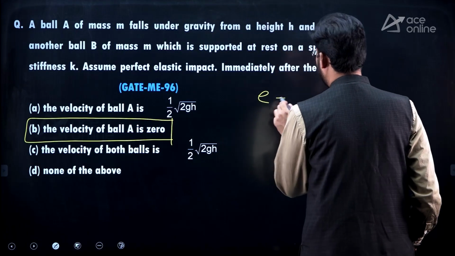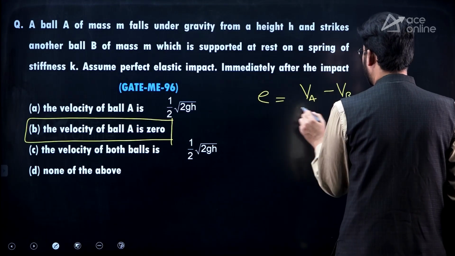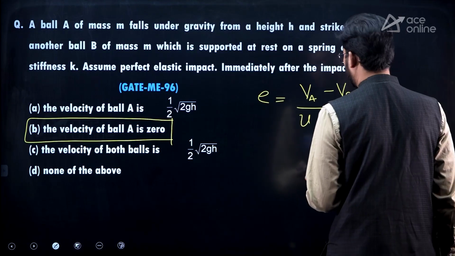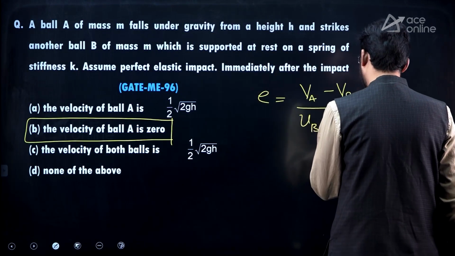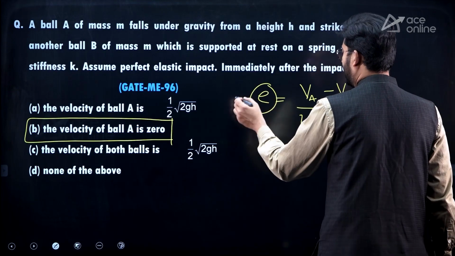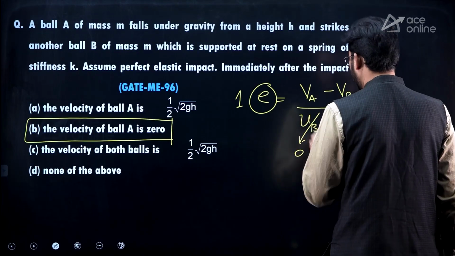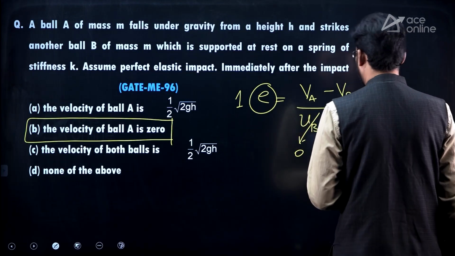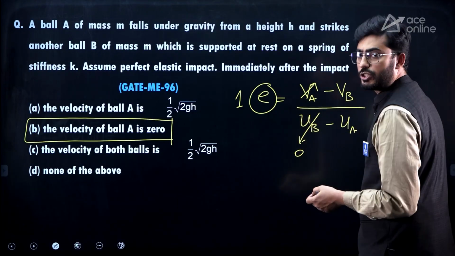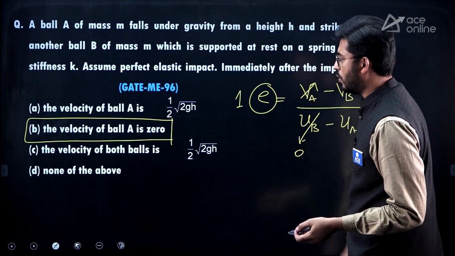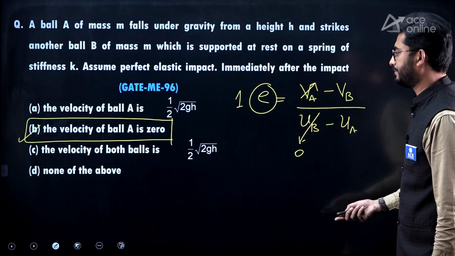If you recheck with the coefficient of restitution, that is VB minus VA divided by the initial velocity of A minus initial velocity of B. If this is kept as 1, the initial velocity of B is 0, VA is non-zero, and finally VA becomes 0, and that's how the ratio equals 1. That's what happens in the elastic collision. So option B is the answer.